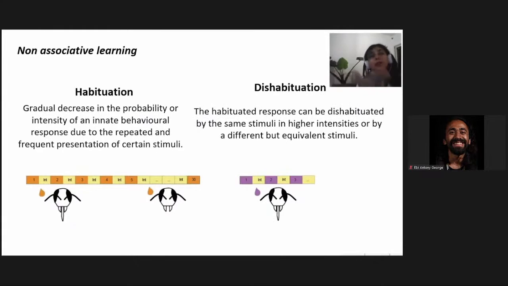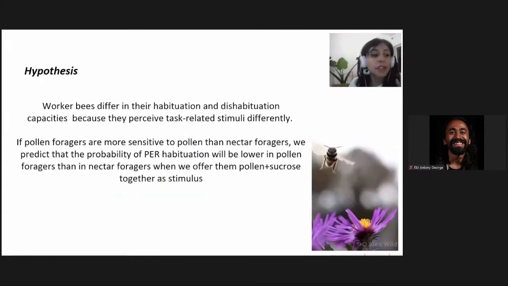This habituated response can be dishabituated by presenting the same stimuli in higher intensities or by presenting a different but equivalent stimulus. Our hypothesis is that worker bees differ in their habituation and dishabituation capacities because they perceive task-related stimuli differently.